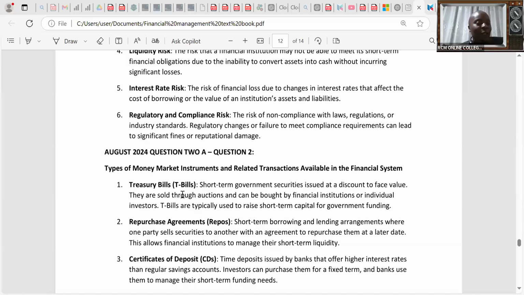Now, ladies and gentlemen, let's come back to this question. Here they wanted us to give types of money market instruments and related transactions available in the financial system. Whenever banks have some surplus monies that they can lend to companies or governments for, say, 2 weeks, less than a year, what are some of the investment vehicles available to them?